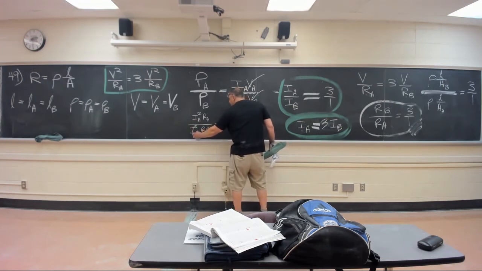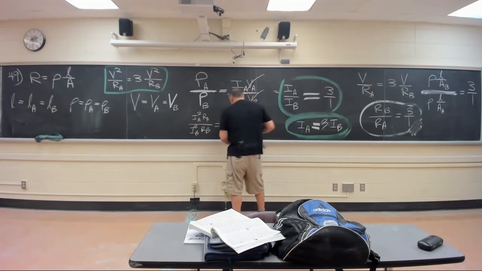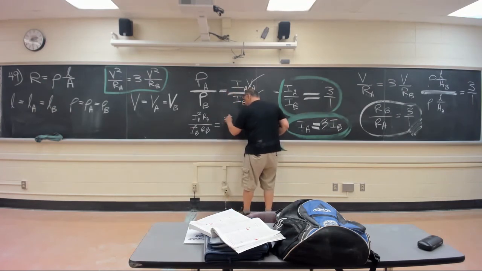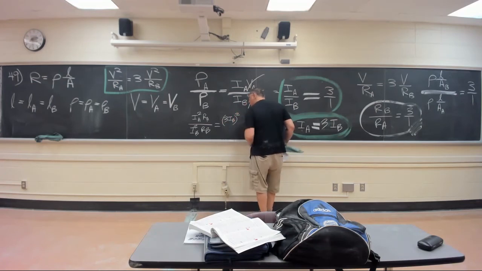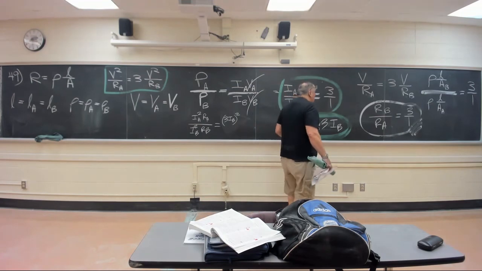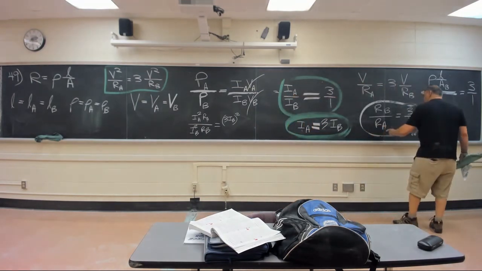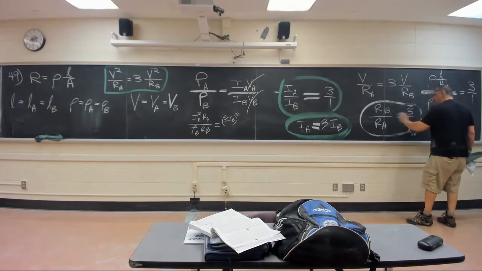This guy's got 3 times what he has. That's 3IB. You can play this a whole bunch of ways. If you multiply by RA on each side and divide by 3, RA is RB over 3.